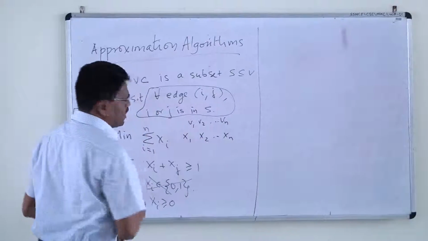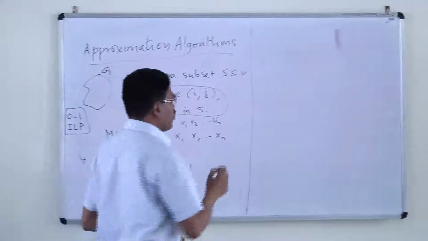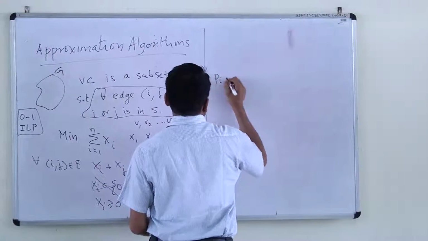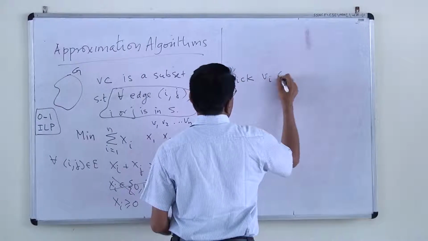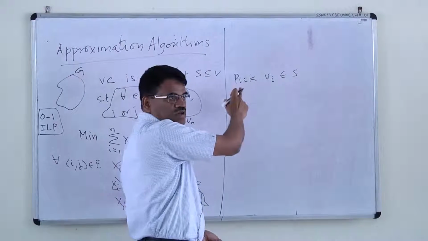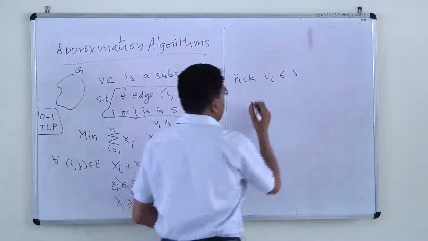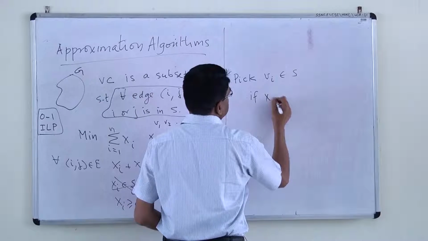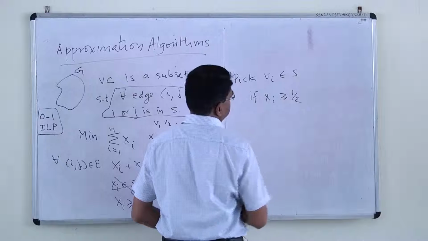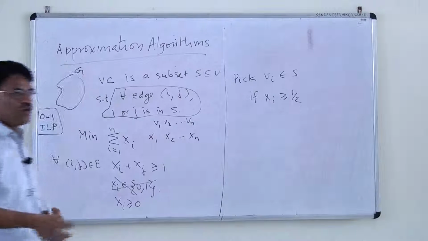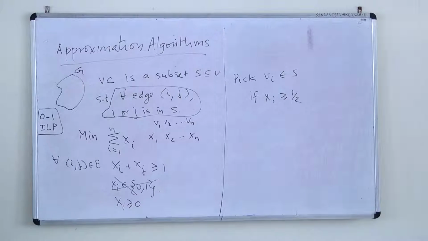Now, here is how I'll get a solution for vertex cover. Pick Vi in S if xi is greater than or equal to half. I'm going to do a rounding. So I solve the LP.